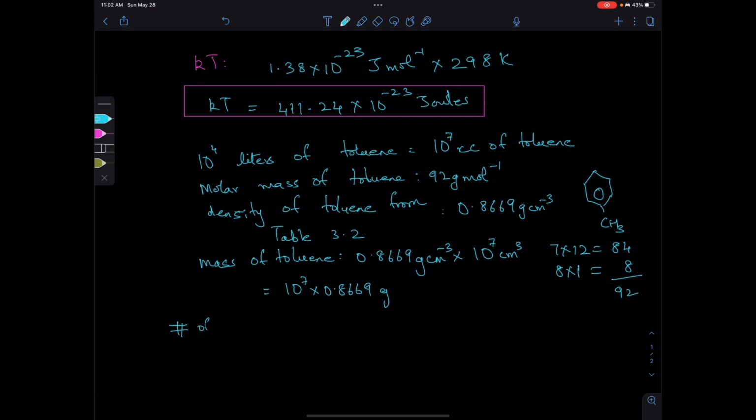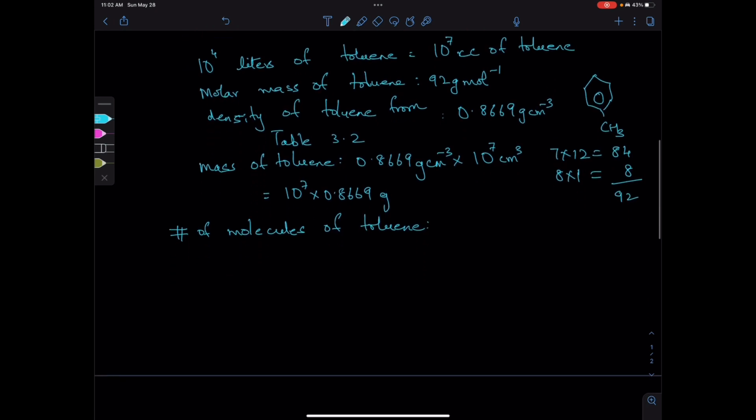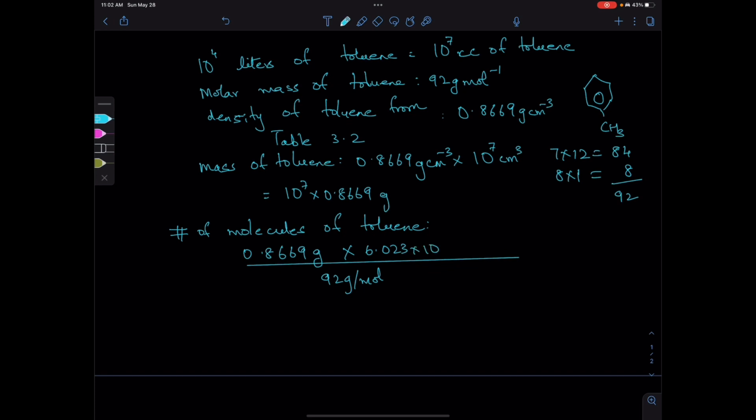Number of molecules of toluene would be the mass divided by the molar mass, which is 92 grams per mole, times 6.023 times 10 to the 23 per mole, which is the Avogadro number.